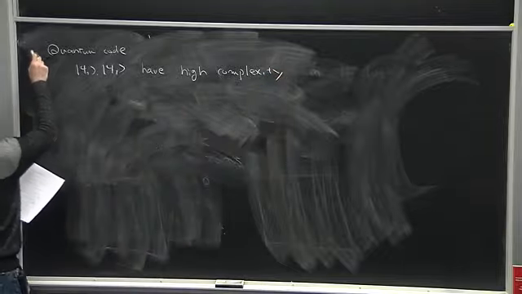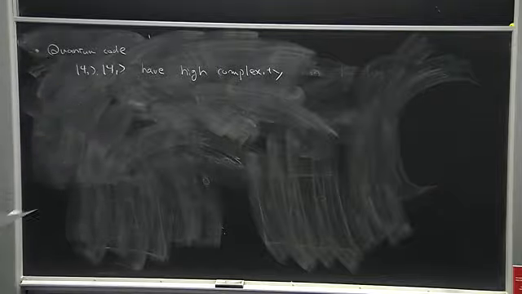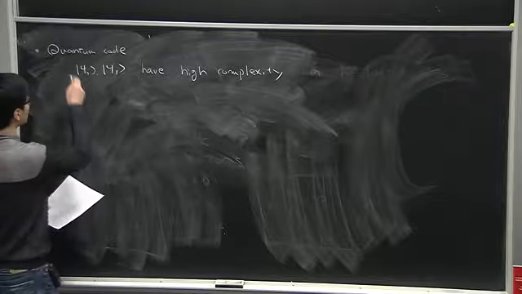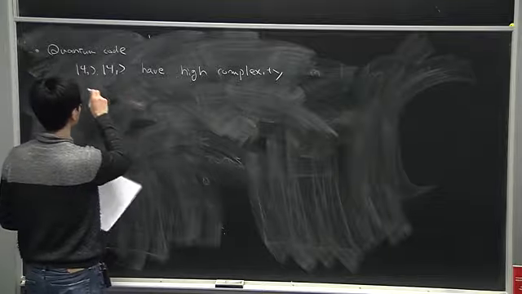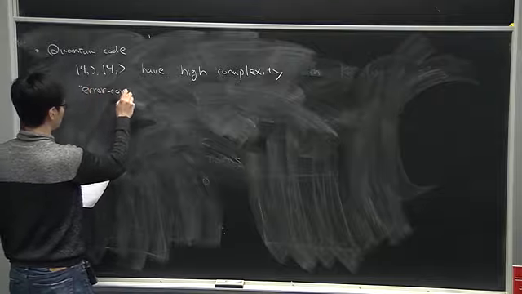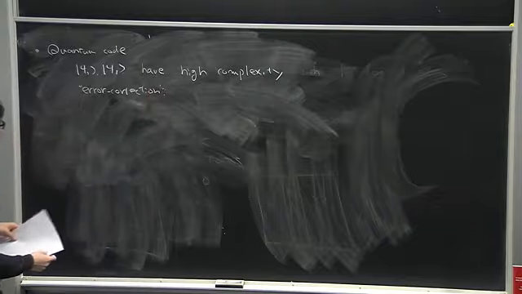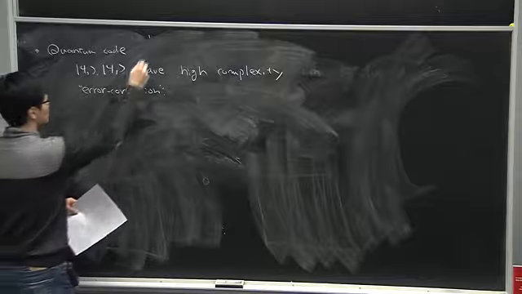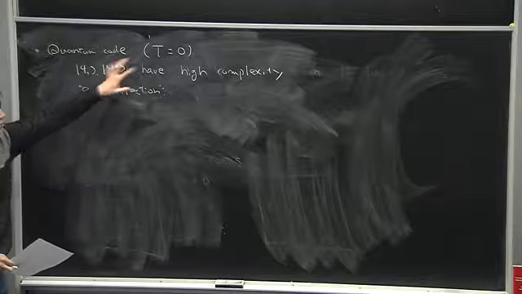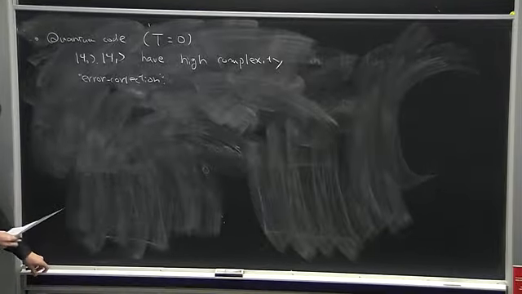But the fact that these two states have a high complexity is of course crucially related to the fact that error correction can be performed. But this is a statement at T equals 0, temperature equals 0, by which I mean that we are only looking at the ground states, or code word space of the system.